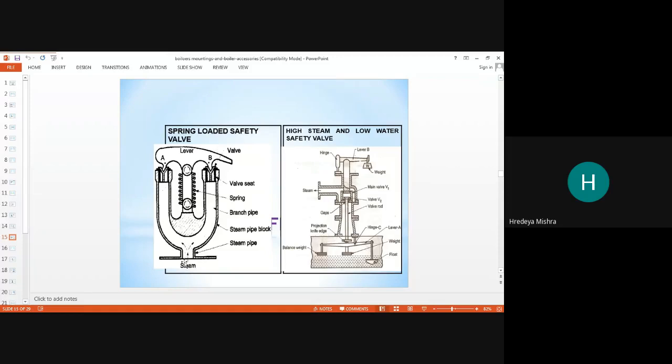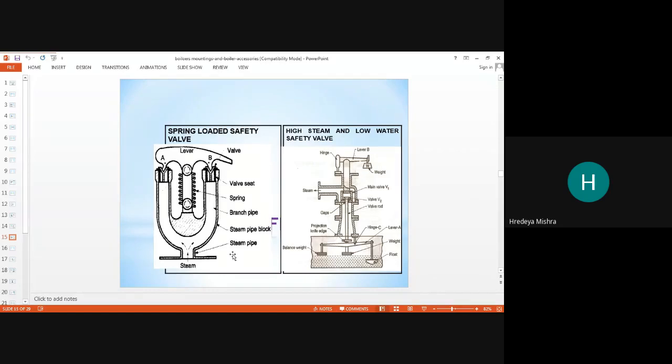The steam enters here. If the pressure is high, then the spring is compressed and the valve is open, so that the extra amount of steam is released to the environment, and our boiler is safe from blast.